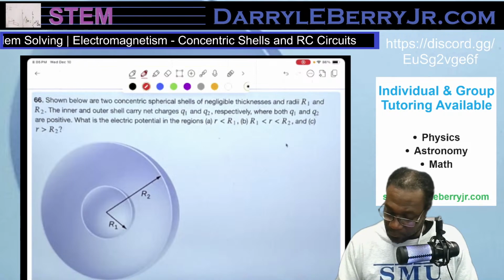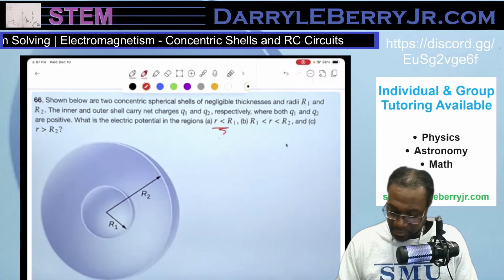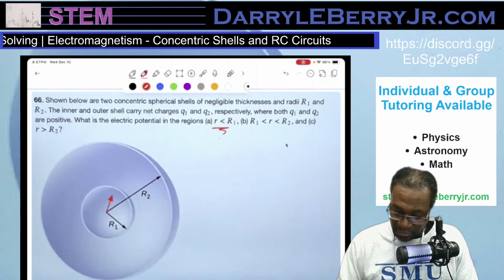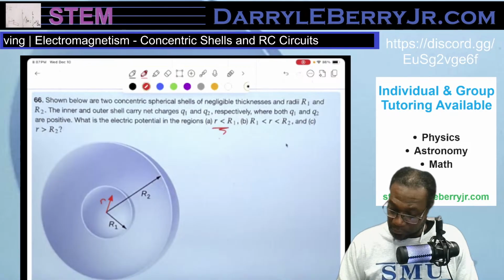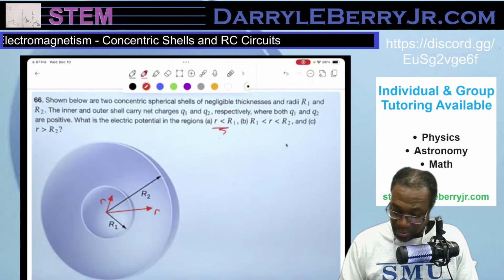So R is less than R1. So that means that the first one will be here. R is between R1 and R2. So the second one will be here. And R is greater than R2.